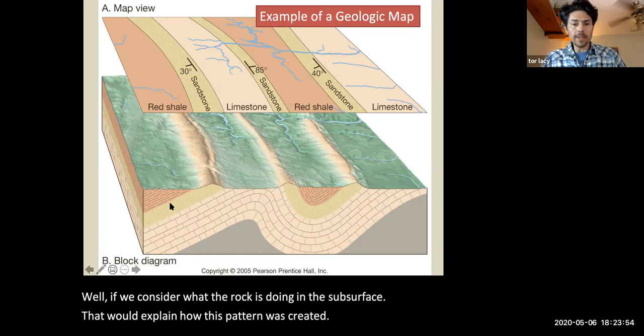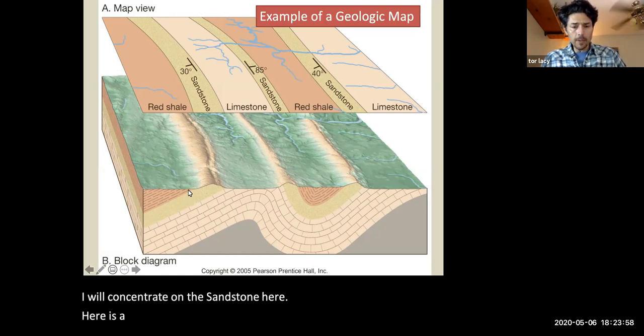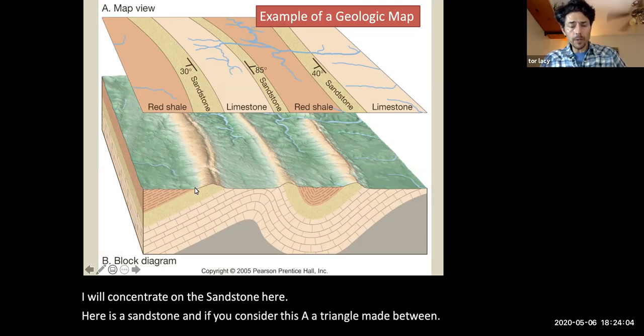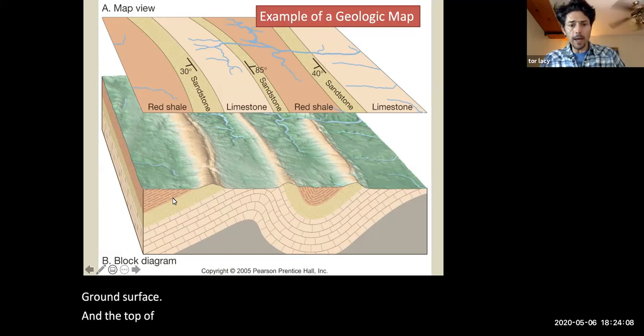So we'll concentrate on the sandstone here. Here's the sandstone, and if you consider this a triangle made between the ground surface and the top of the sandstone bed, that would be about a 30-degree angle. So the sandstone is sticking out of the ground at 30 degrees.